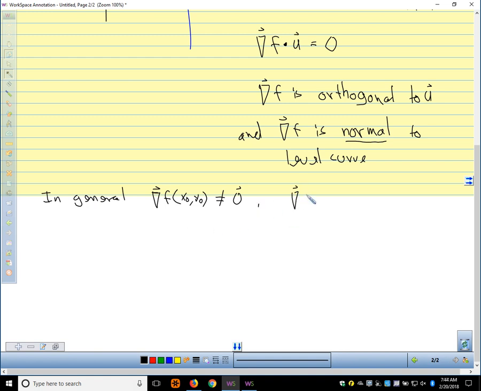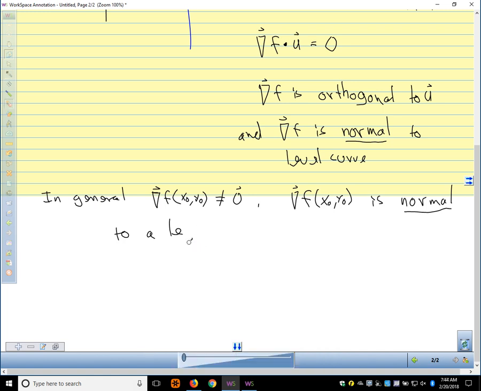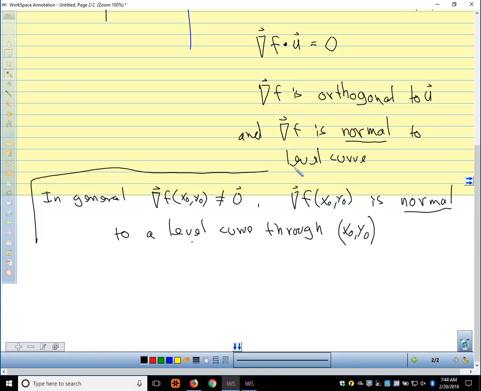Then del f at a particular point is normal to the level curve through that particular point. So this is our second important property of the gradient: the gradient is normal to level curves.